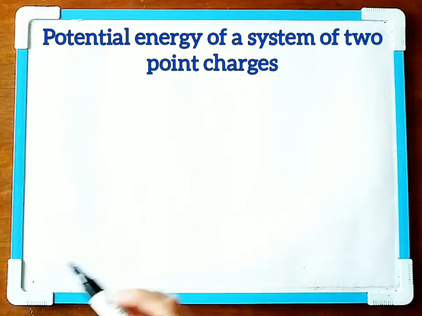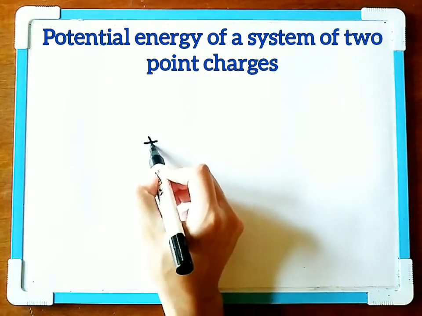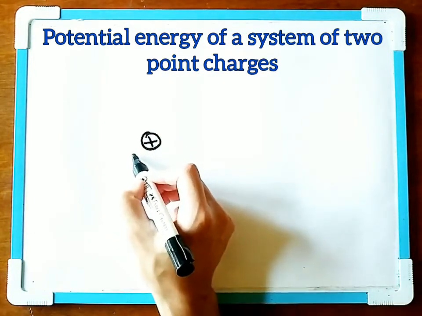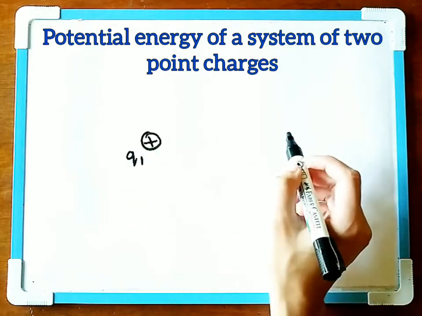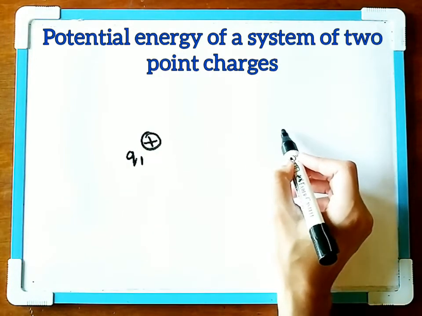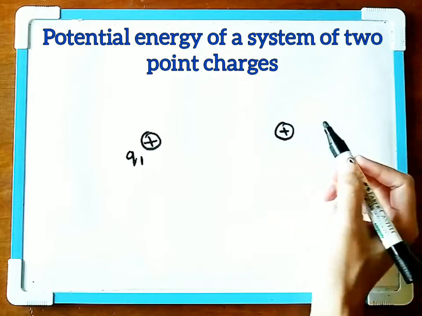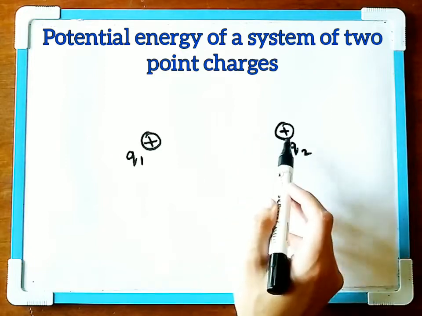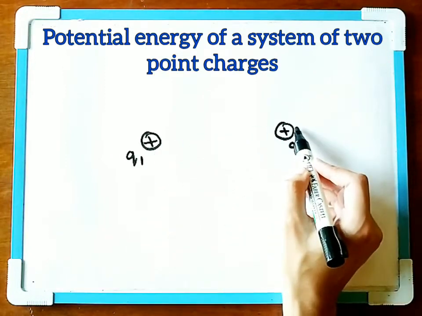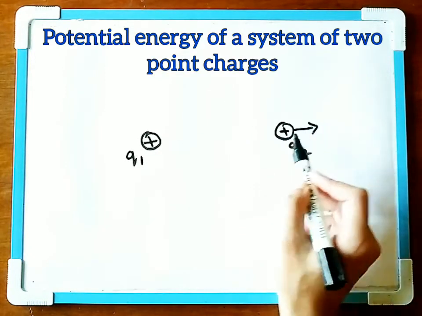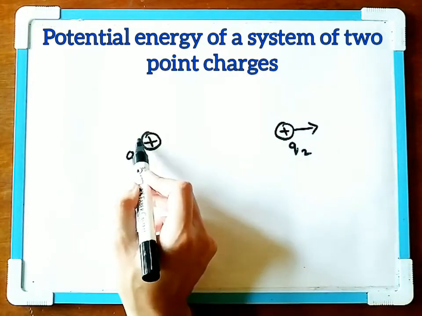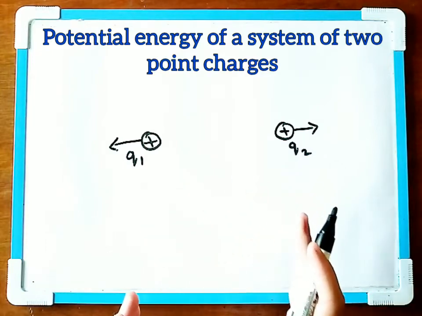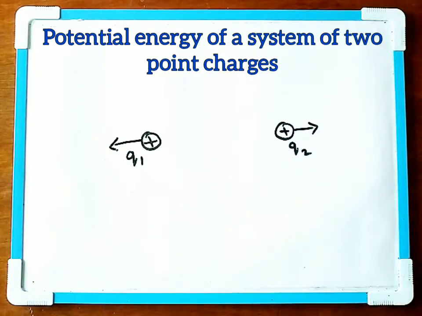Suppose we have two positive point charge particles, one is Q1 and another one is Q2. Since they are both positive, there is a force of repulsion between them. So the force on Q2 is in this direction and the force on Q1 will be in this direction. So there is a force of repulsion between these two charges.